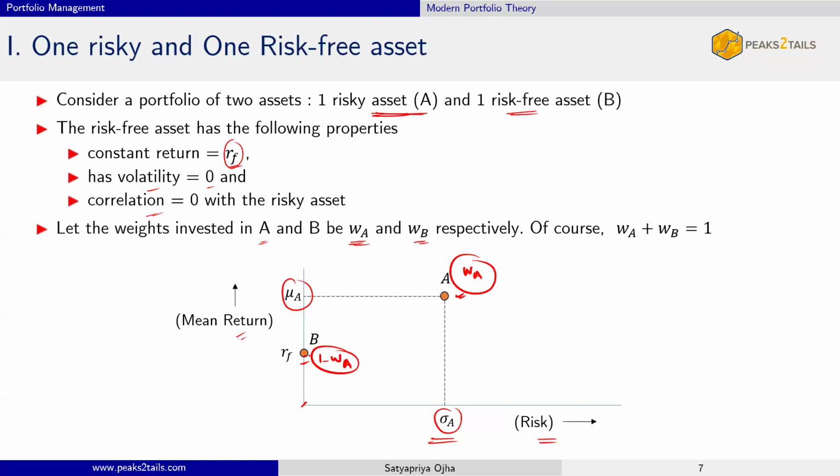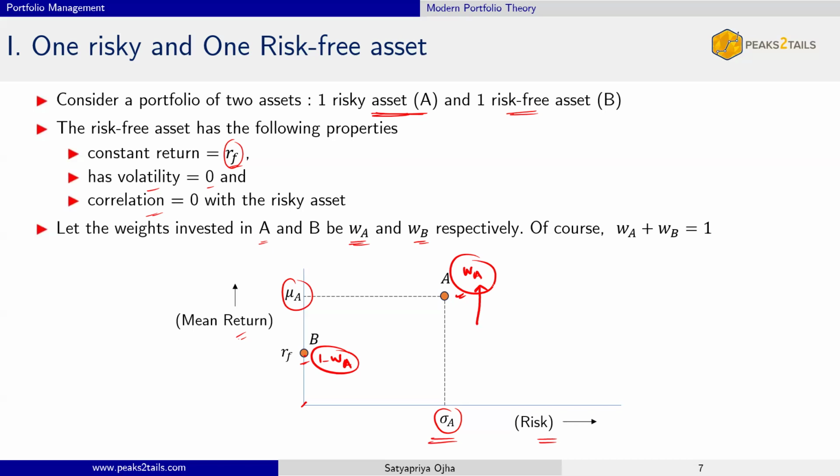All right. Now, let's derive the return and risk characteristics of the portfolio, and let's see what set of points I can achieve in this particular plane. So the freedom that I have is to tune this thing, WA. How much weight I want to invest in A is completely up to me, correct?